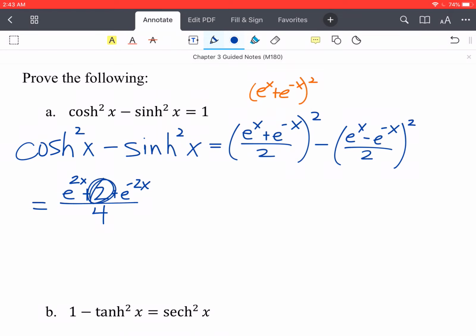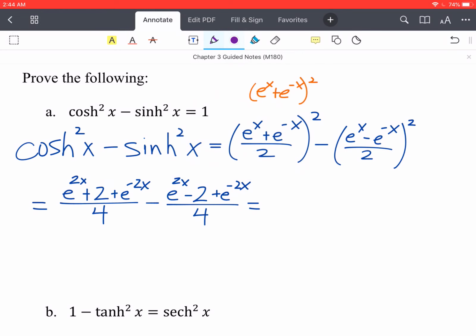And this is because you combine e to the x with e to the negative x, and the x's cancel, so you get e to the 0. And then minus, you get something very similar, e to the 2x just with a minus 2 plus e to the negative 2x all over 4.